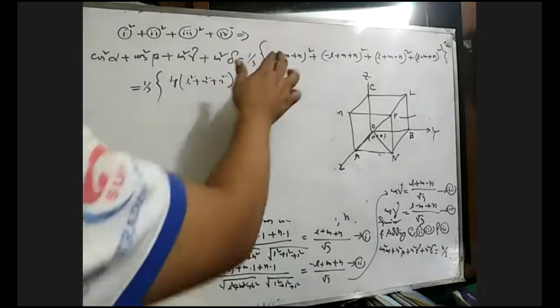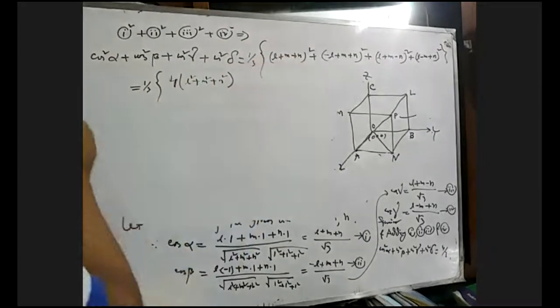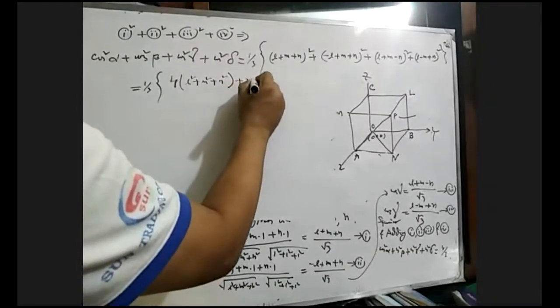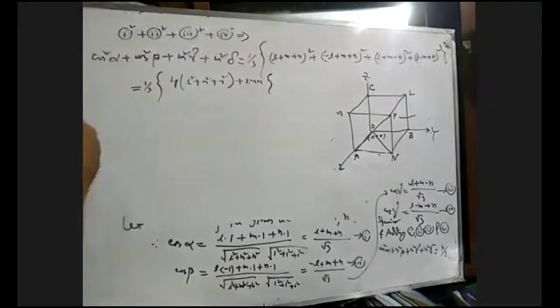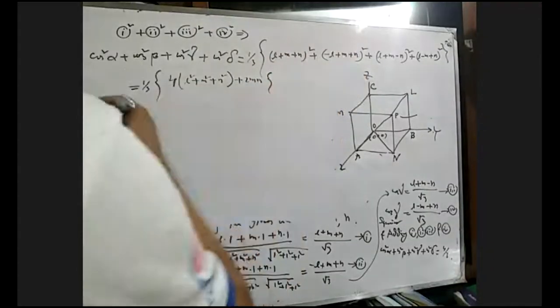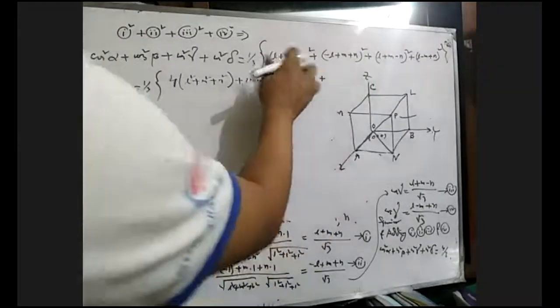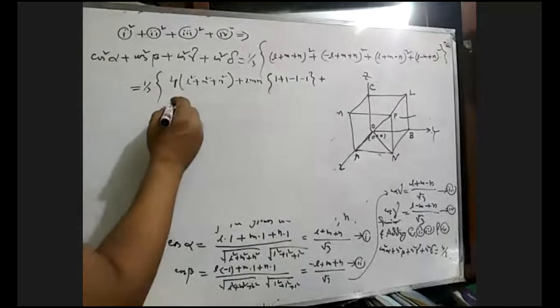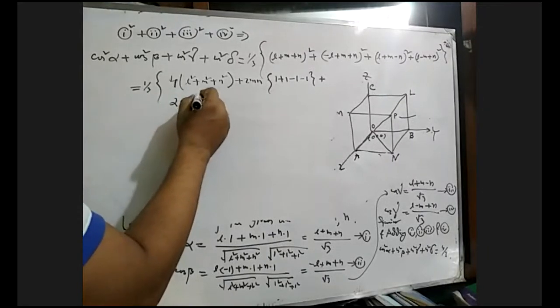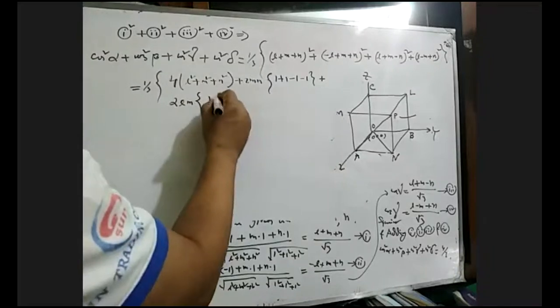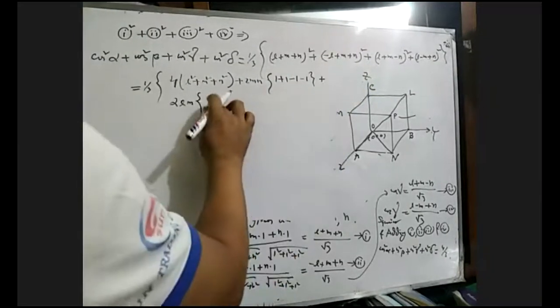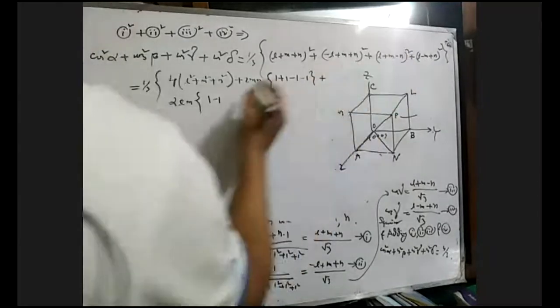Then we get twice mn, where the coefficients are 1, 1, minus 1 and minus 1.